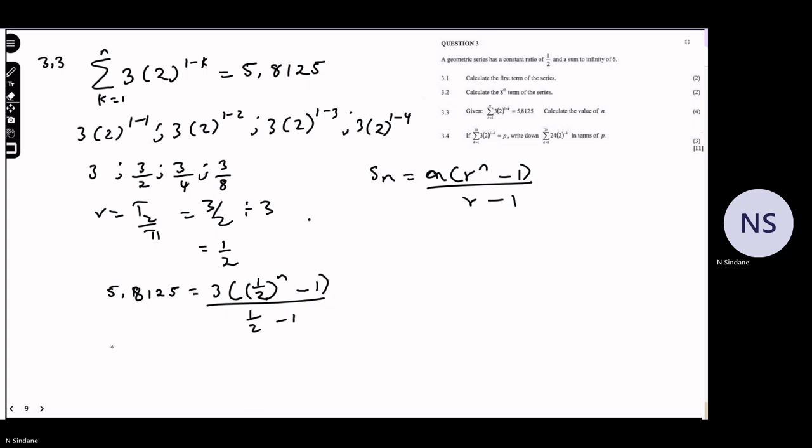Therefore, 5.8125 multiplied by negative 0.5 is equal to 3 into (1 over 2 to the power n minus 1), divided by 3. The 3s cancel. Let's see what we are getting.